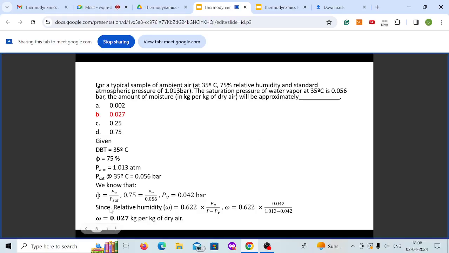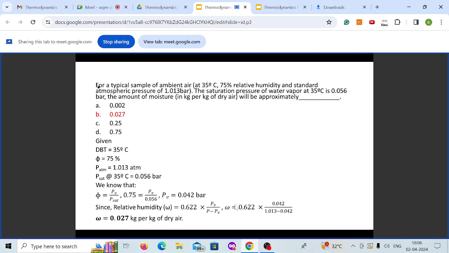Now you can find omega, the specific humidity. It's not relative humidity, it's specific humidity. Omega is 0.622 times Pv divided by P minus Pv, that is Pv by P of air. The 0.622 comes from the molecular weights.